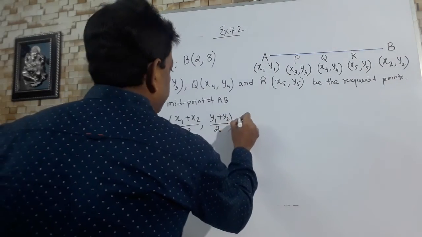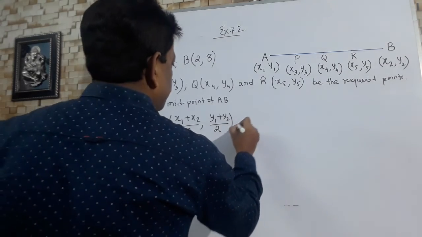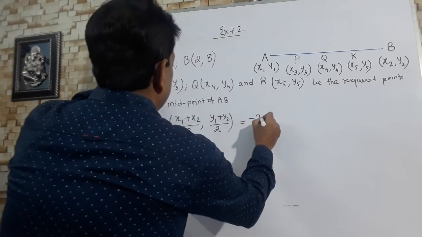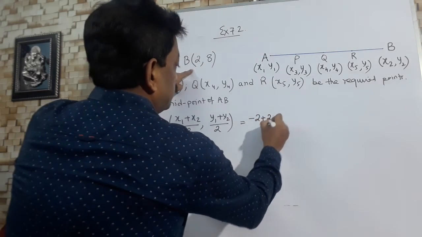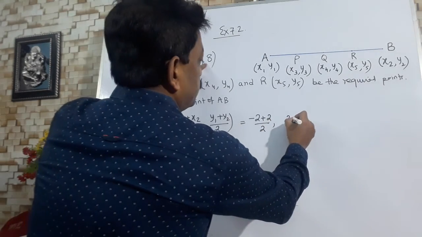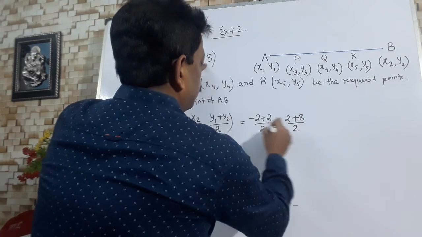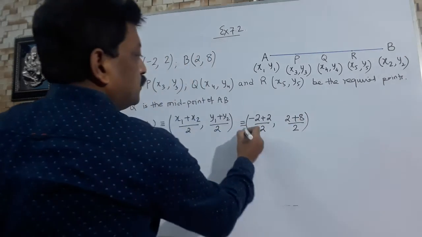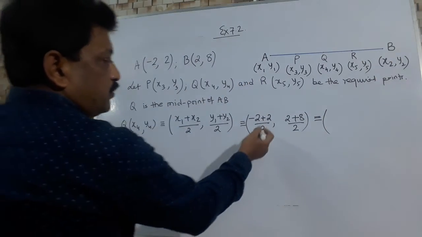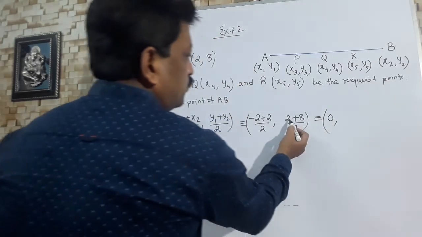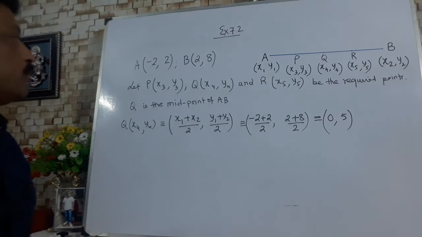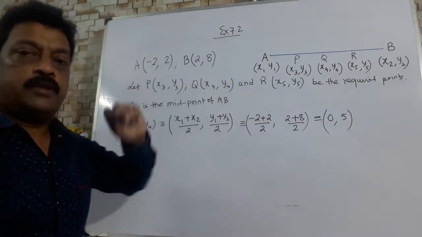So that will give us x1 is -2, x2 is +2, upon 2, and y1 is 2, y2 is 8, upon 2. So this will be 0, since -2 plus 2 is 0, 0 by 2 is 0, and 2 plus 8 by 2, that is 10 by 2, that is 5. So we have got the coordinates of Q, the midpoint of AB.